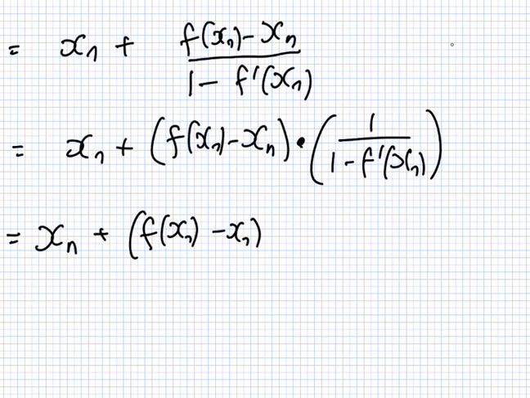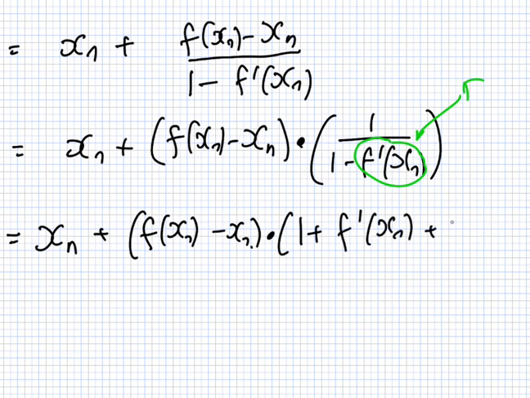So I'm going to use that formula here, where this here is like r. So I get to multiply 1 plus f derivative of x plus f derivative of x squared, etc.